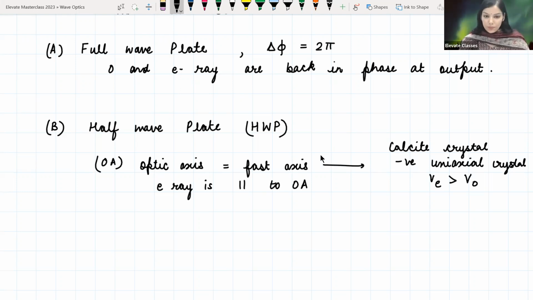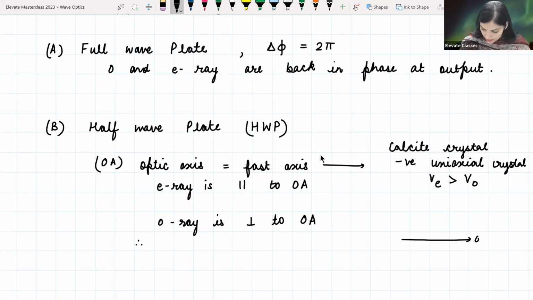And because the E ray is traveling parallel to the optic axis, the optic axis is sometimes also called the fast axis. And the O ray is perpendicular to the optic axis. So if this is my optic axis, I will say that this is my fast axis.